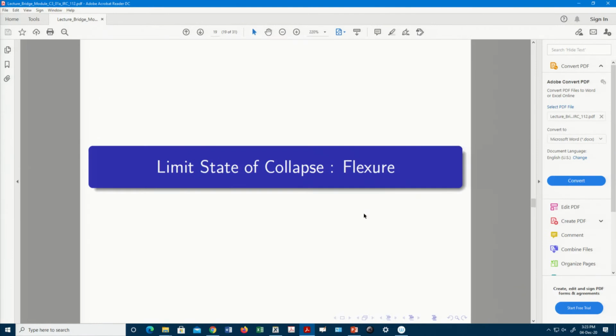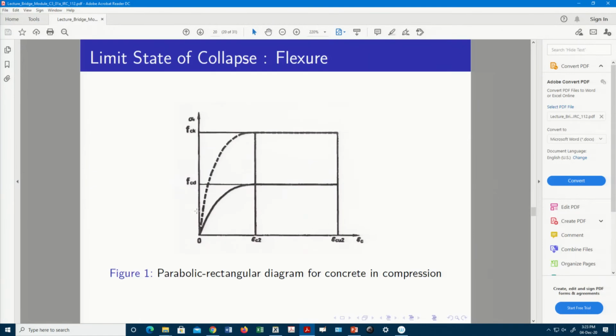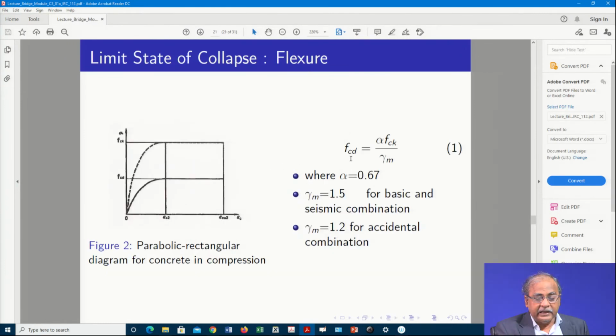We shall come back to the limit state of collapse, that is flexure, and as you can see the parabolic rectangular diagram, which is generally used in IS 456. Here we use a parameter alpha, the first one is 2/3, then we divide by 1.5, and in that way it comes to 0.45.